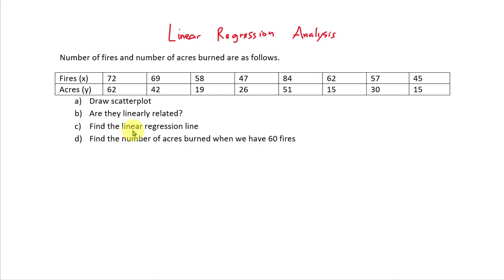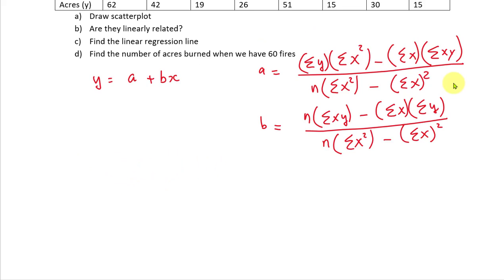Find the linear regression line. So how do we do that? For any linear regression analysis, we have the formula y = a + bx, where a is the y-intercept and b is the slope. The formulas to find a and b are here.